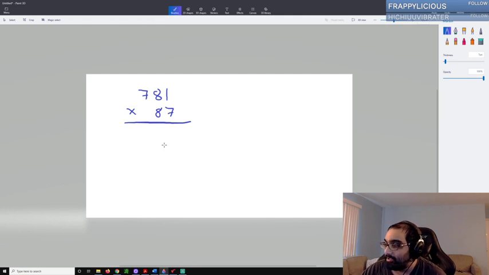Here we're just going to use the crossout method, and we'll see exactly how we can solve this. Can you tell me, what's 1 times 7? Let's just go with 7. We got 7 times 1. Actually, I'll fill that in. I'll be honest with you, that's just 7. Pretty simple. But let's go with 7 times 8.